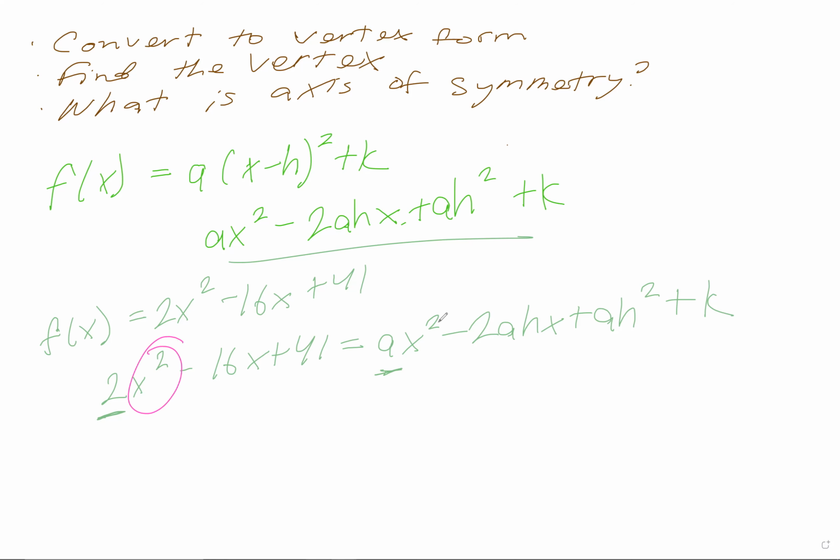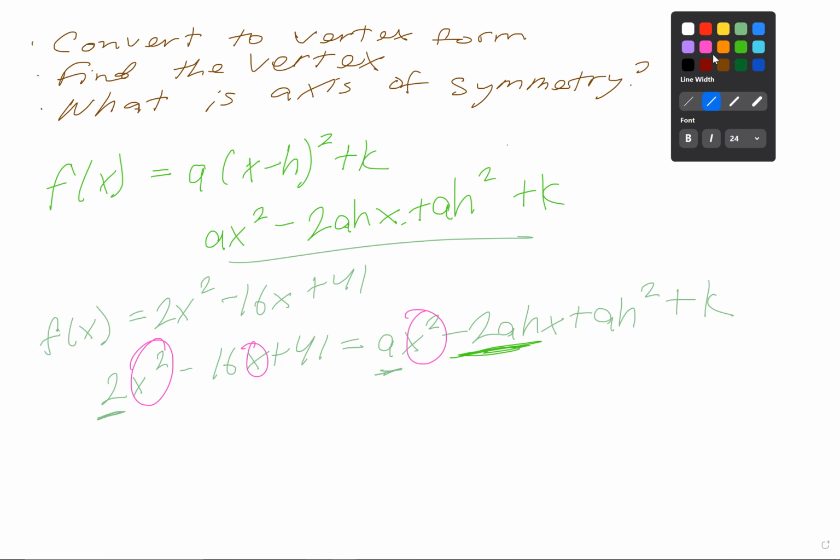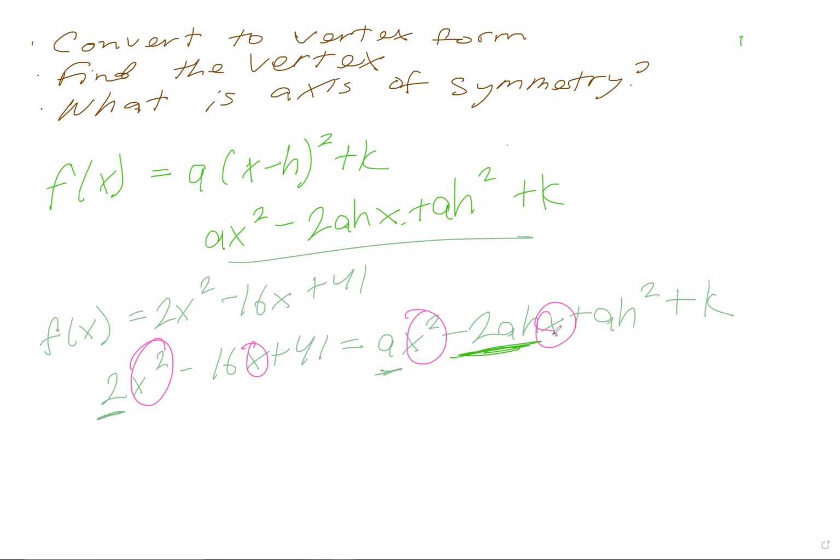What things are in front of the x? Just the x, not x squared. The negative 2ah, it's a whole package because all of this is in front of x.